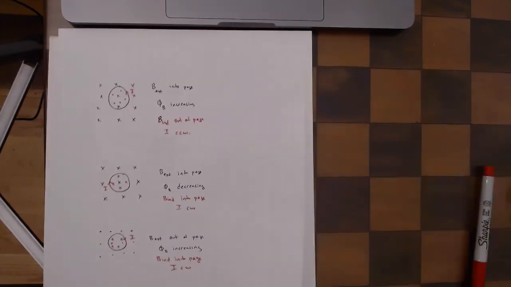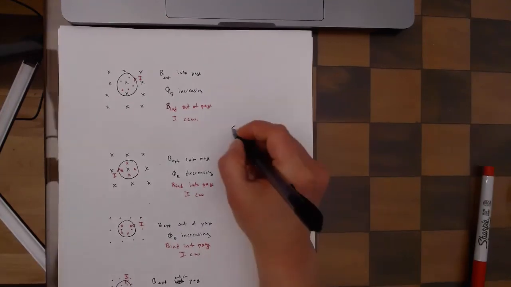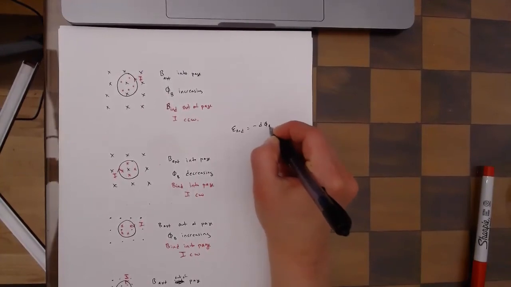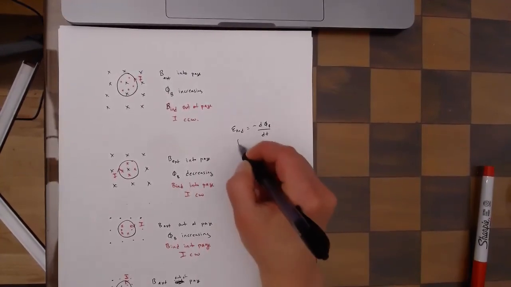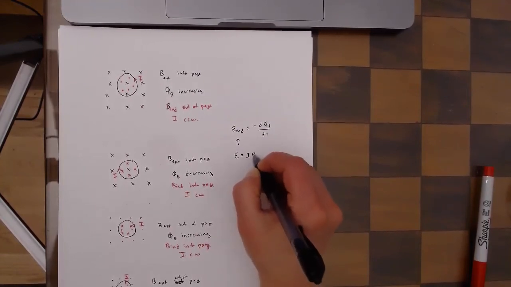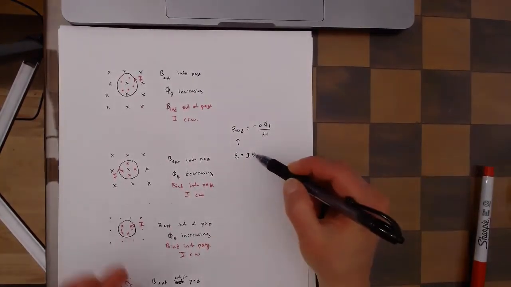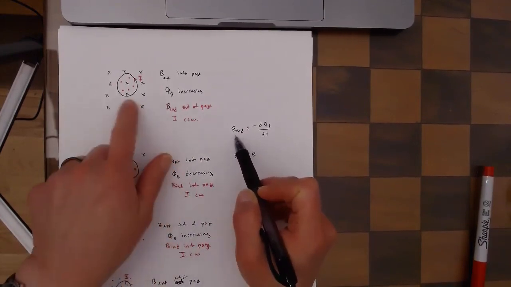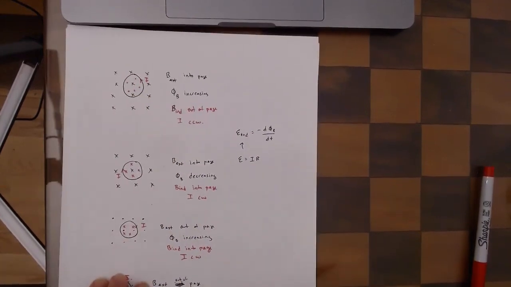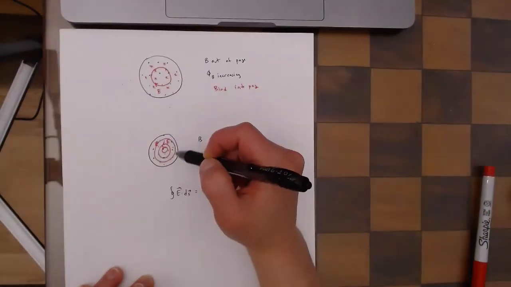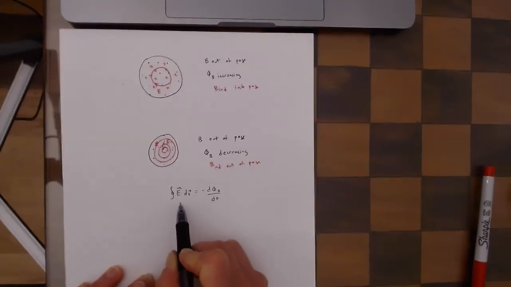In these cases, if we just want to know the currents, then we know the EMF induced is minus the change in magnetic flux over time, and then EMF induced is just I times R, right? Just like if you were talking about Ohm's law. So when you're talking about currents, you can think of this thing happening because it's creating an EMF. But if there's no wire there, you can still consider Faraday's law, but it's creating an electric field instead.